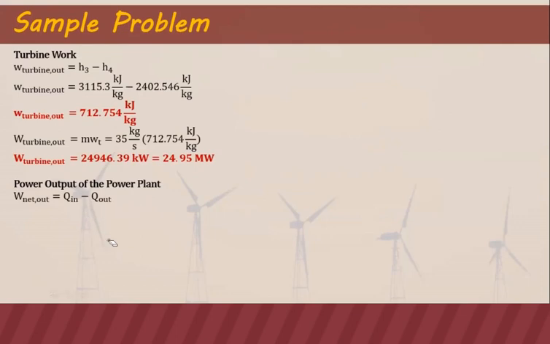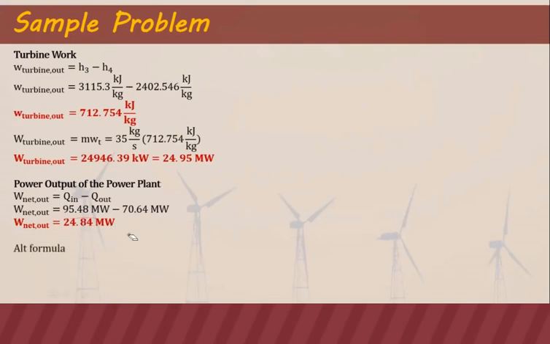So from our solution calculation, our input is 95, our output is 70.64. That's why the power output of the power plant is 24.84 megawatts. This is the net work, or the capacity of this power plant. That's almost 25 megawatts.